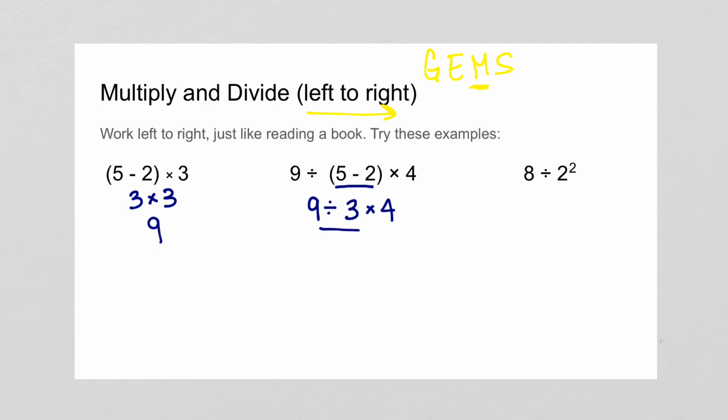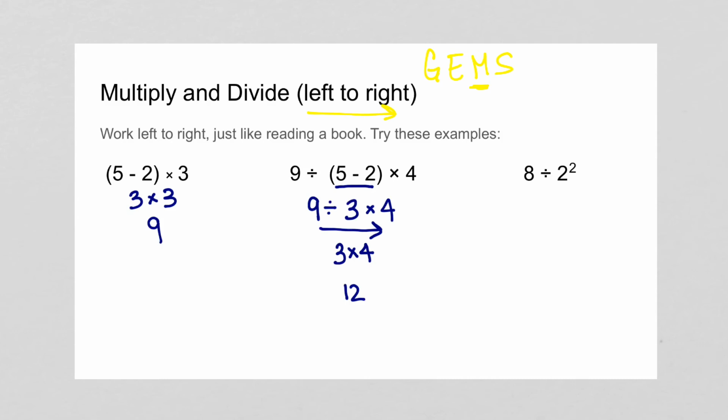So let's work left to right. Let's start with 9 divided by 3. Well, 9 divided by 3 is 3, but I still have that times 4. It didn't go away. It was waiting for its turn. Now I'm left with 3 times 4. All right, so I followed GEMS, and I started with something more complicated and narrowed it down to a simple answer.